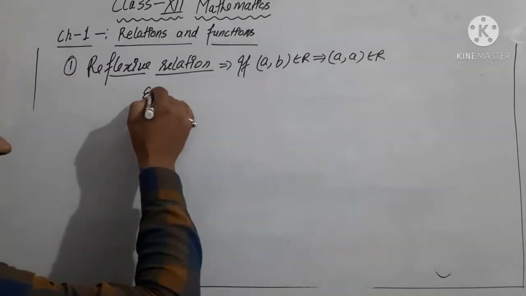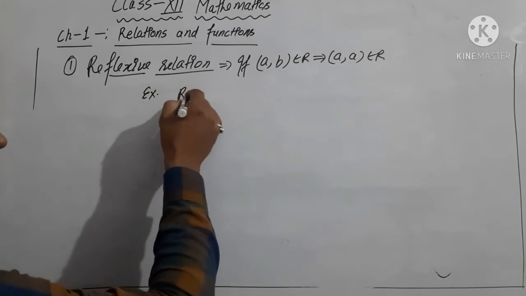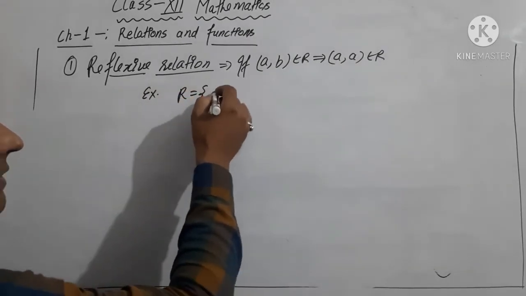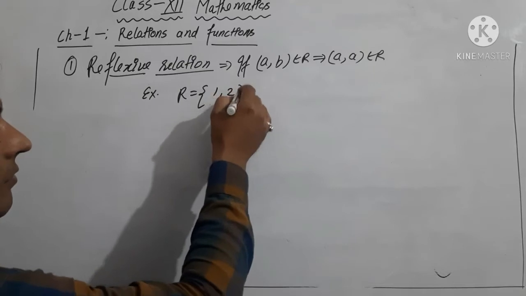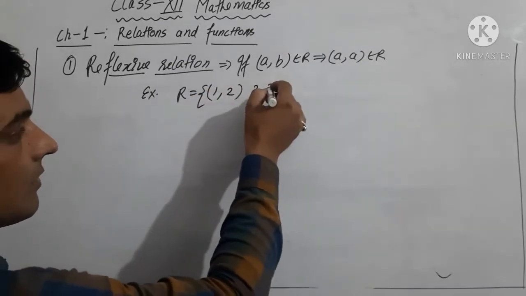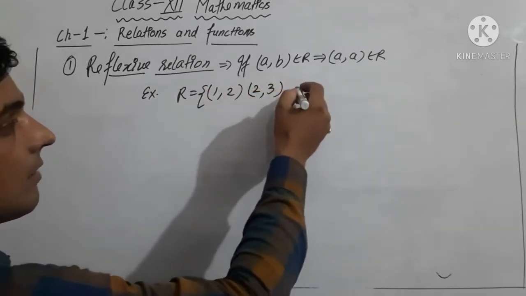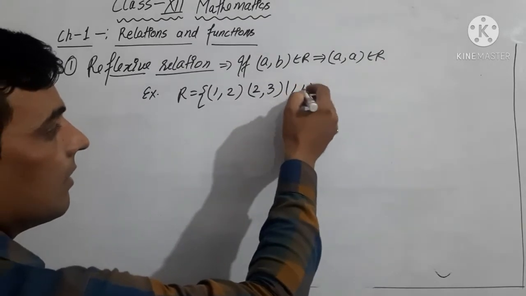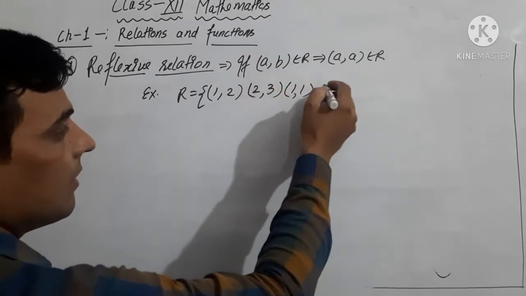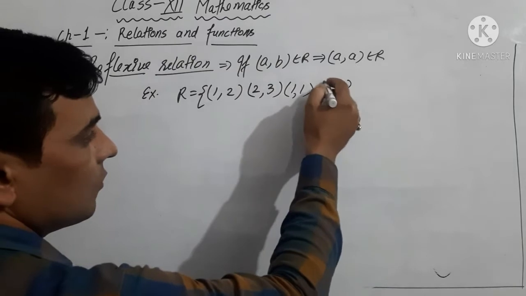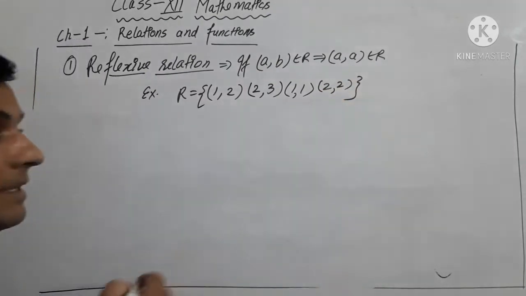For example, suppose there is a relation which contain 1 comma 2, 2 comma 3 and 1 comma 1. Here 2 comma 2 is also present in this relation.